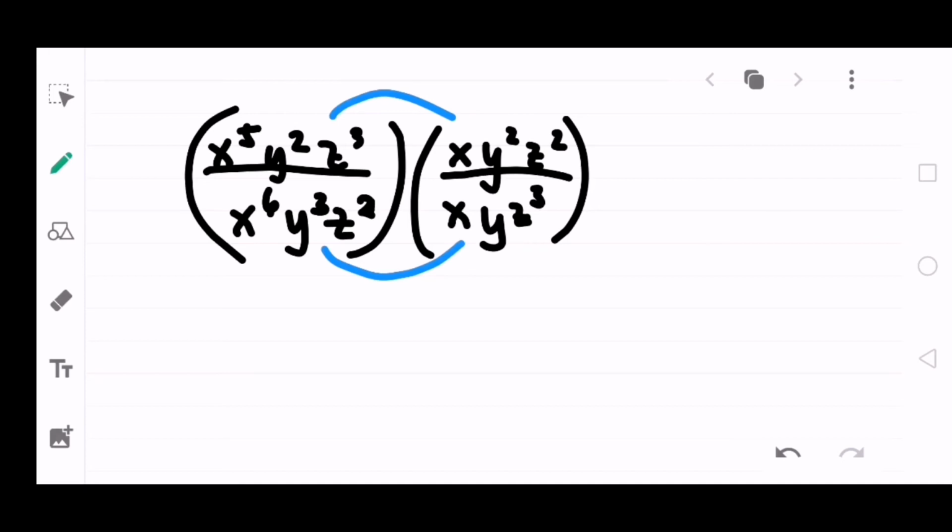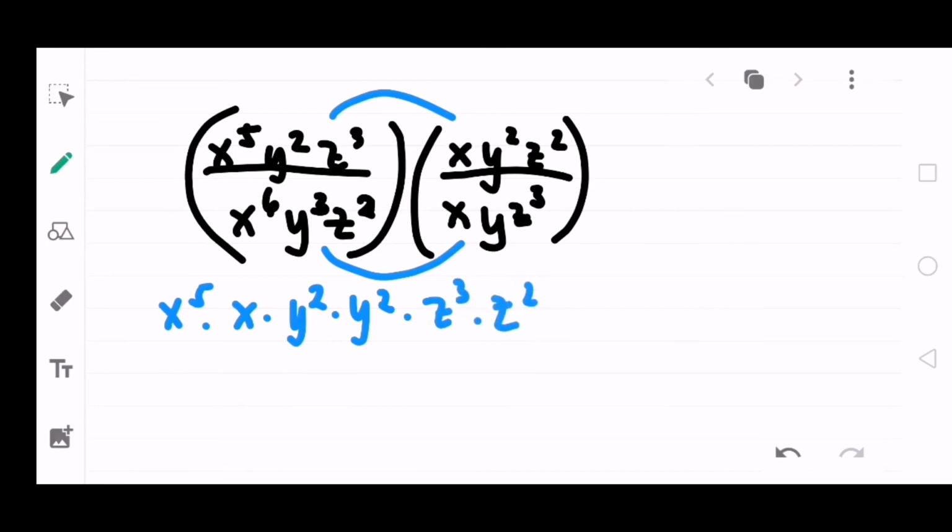So, we will have in the numerator, x raised to 5 times x times y raised to 2 times y raised to 2, then times c raised to 3 times c raised to 2.